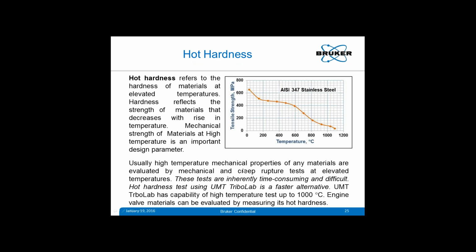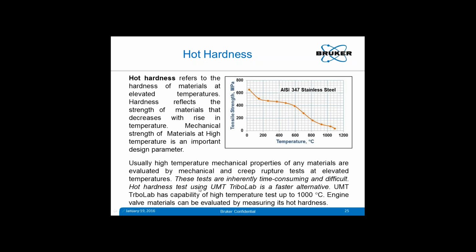Usually, high temperature mechanical properties of any material, since this is a design criterion when you design something for high temperature applications, have to be evaluated, and this is usually done by mechanical or creep rupture tests at elevated temperatures. These tests are inherently time consuming and very difficult.